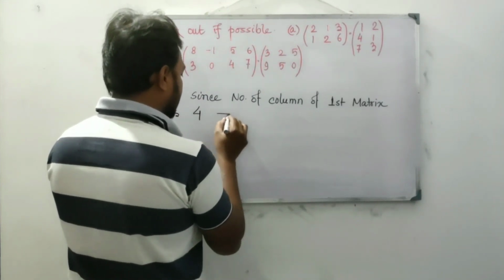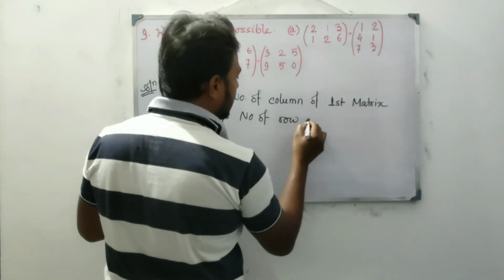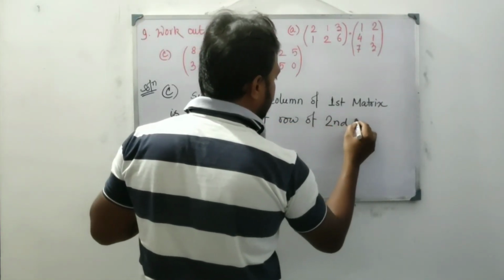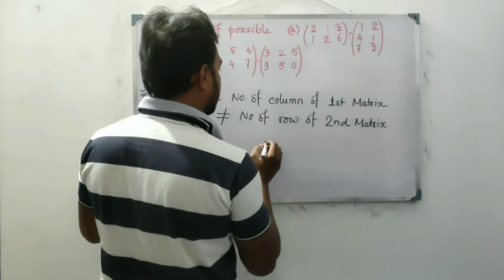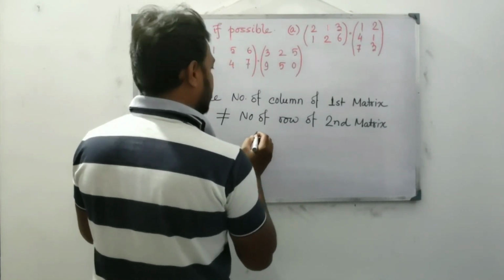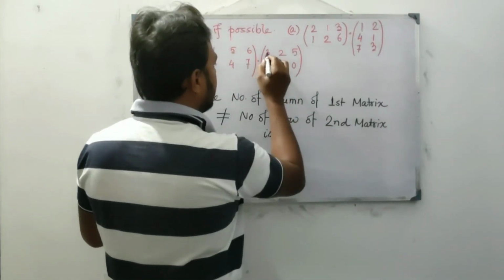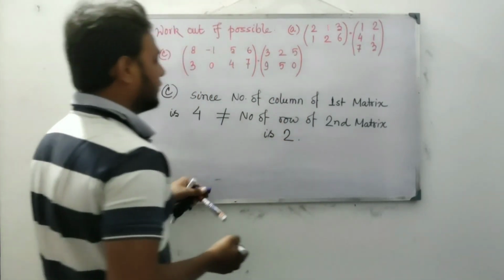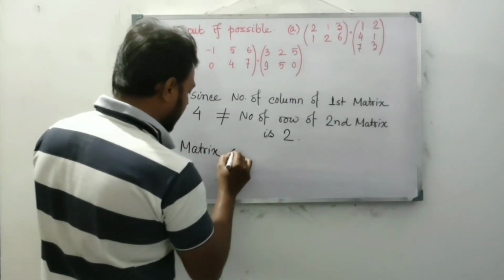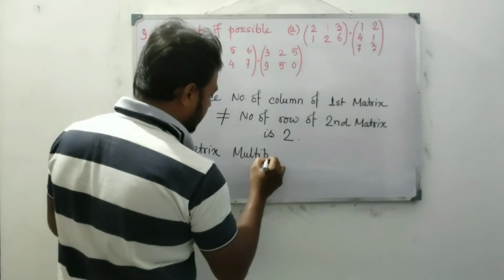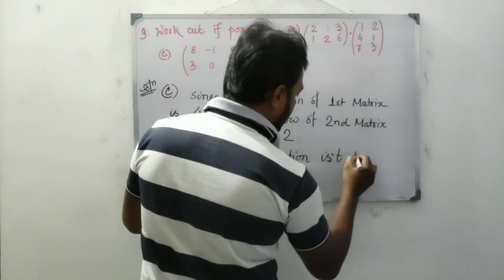Not equal to the number of rows of the second matrix. The number of rows is 1, 2, is 2. Therefore, matrix multiplication is not possible.